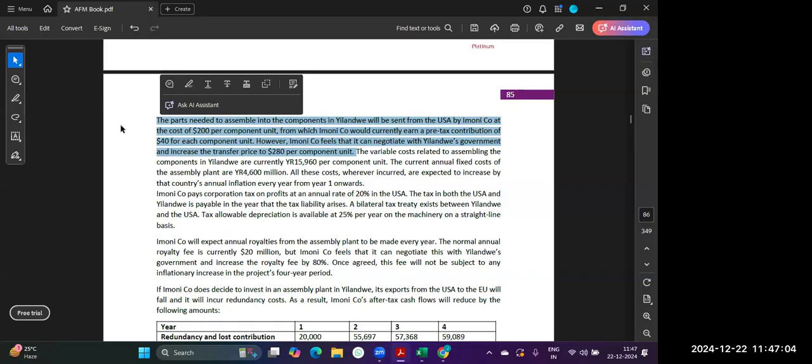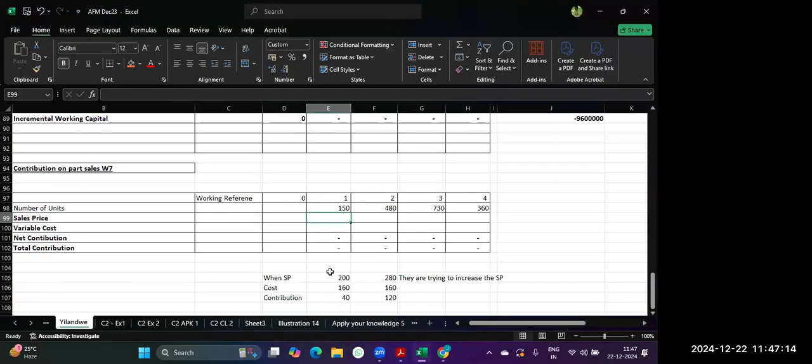It feels that the Yelandway company can negotiate and increase the transfer price to 280. When their selling price was 200, their contribution was 40. How much was their cost? 160.